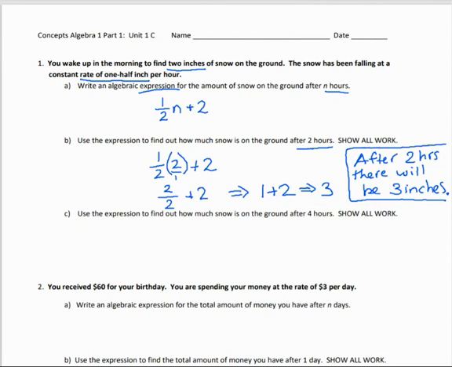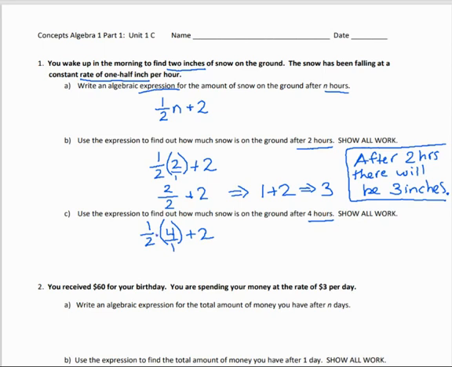So for part C, it's asking us how much snow after 4 hours. So what are we going to do with that 4? We're going to plug it in for n. So we're going to have 1/2 times 4 hours plus the 2 inches that we already had. And again, how do I multiply that? Make that 4 become a 4 over 1, and we multiply right across.